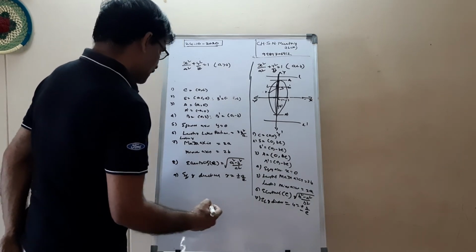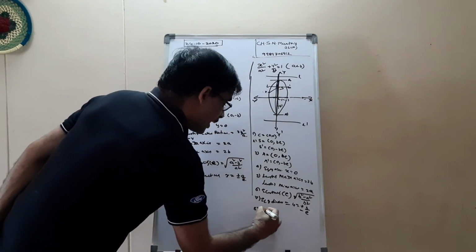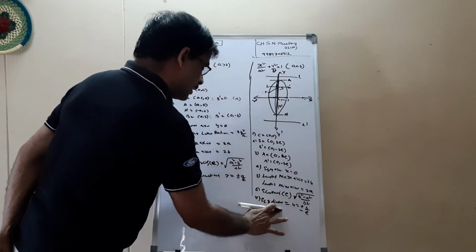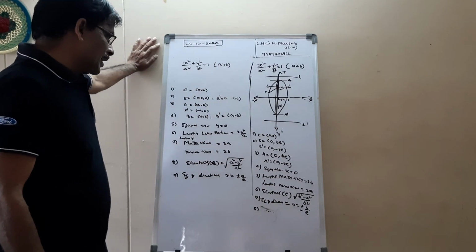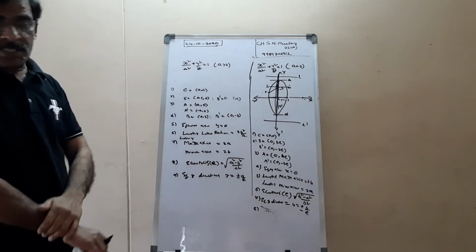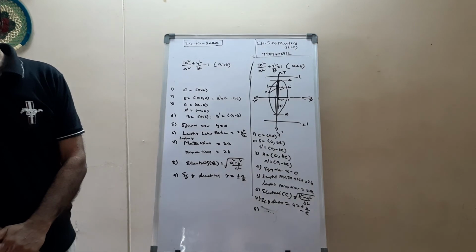Next, is there any left? Okay, one more is the length of the latus rectum. Once you observe, focus given, center given, S given, A dash is given. Is there anything left?